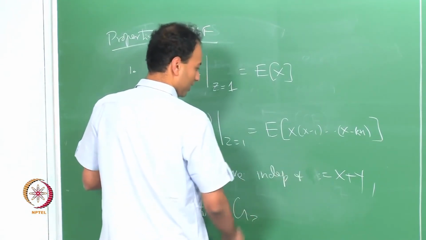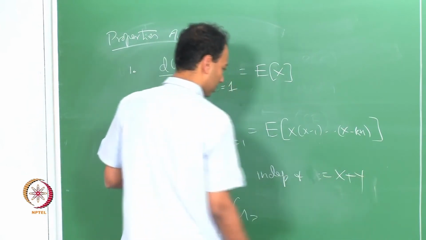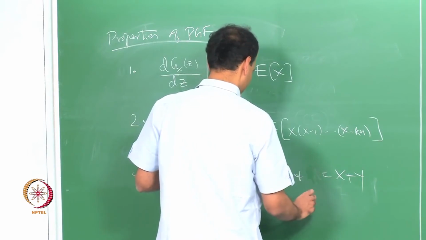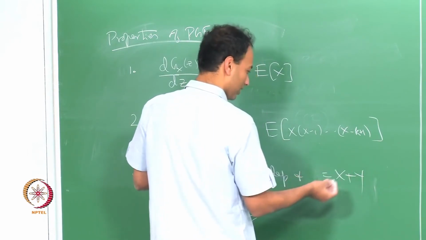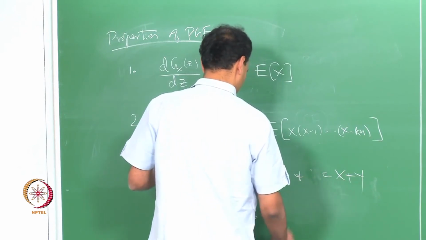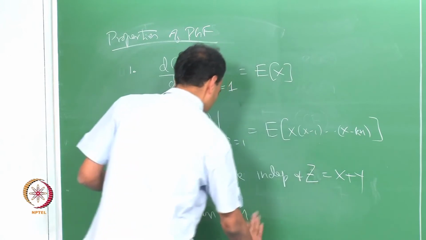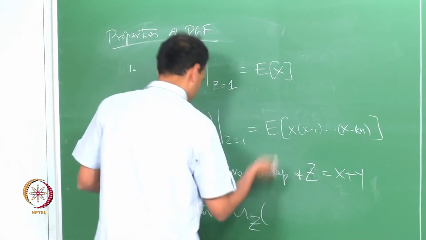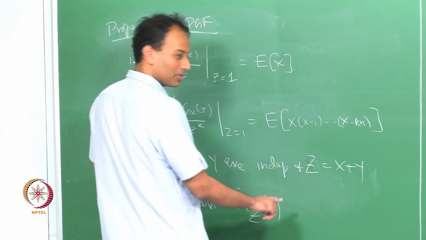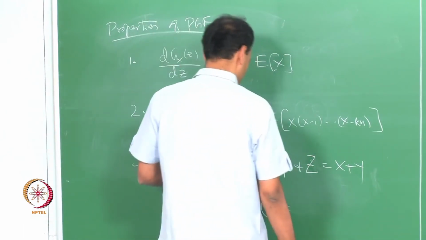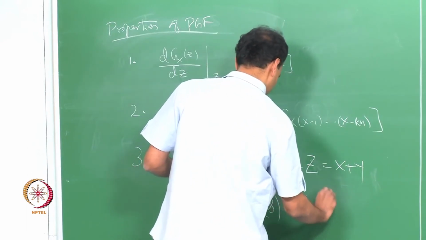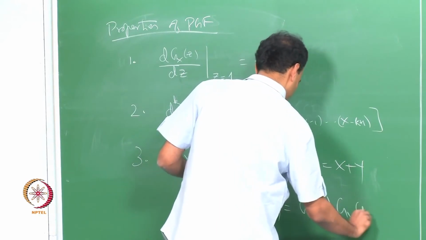X plus y is equal to some other random variable. What shall I call it? Or let me just call it z and call it g z of s. I do not want confusion between the argument and the random variable. g z of s is equal to g x of s times g y of s.